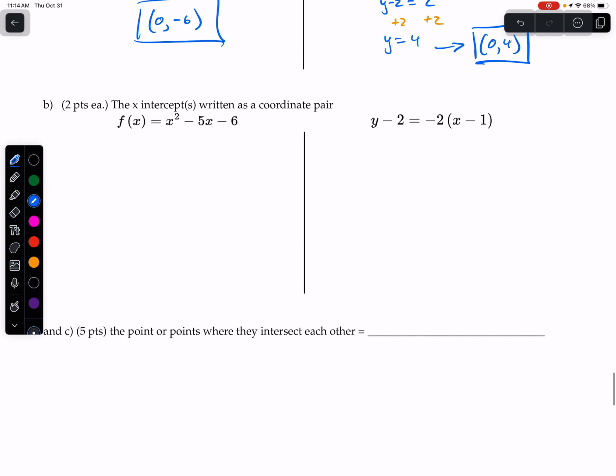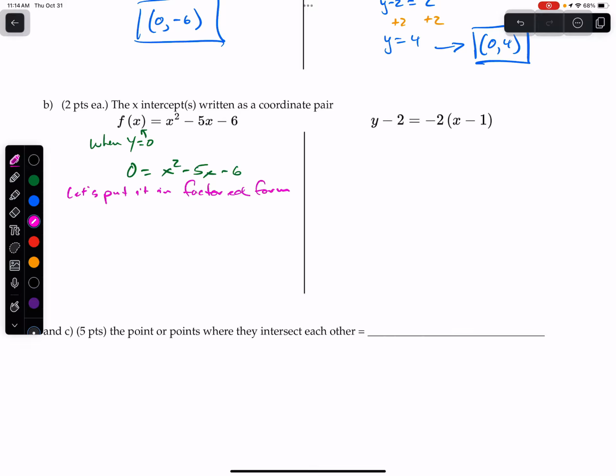X-intercepts are when y equals 0, so that's f of x. So 0 equals x squared minus 5x minus 6. So let's put it in factored form first so that we can use the zero product property.